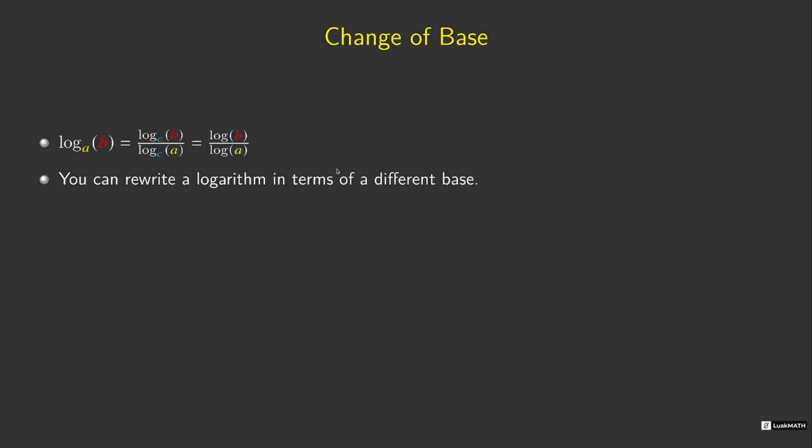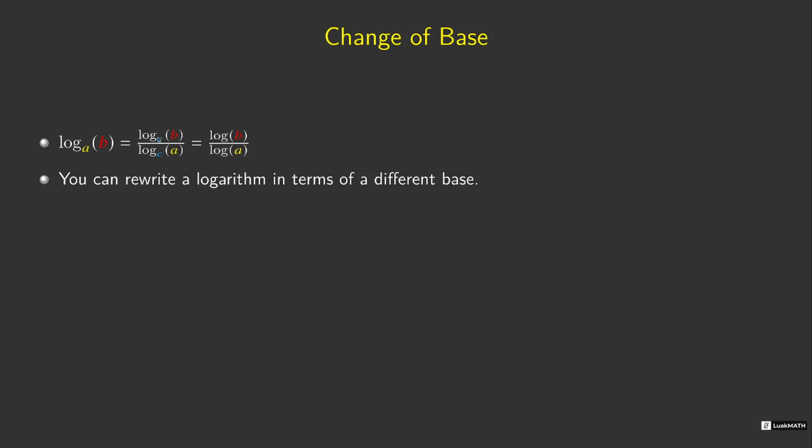Change of base. Now we talk about the base a here. One thing I like about logarithms is that it's actually very flexible dealing with bases. You can change bases anytime, depending on the problem you're solving. So here I have log of b to base a.